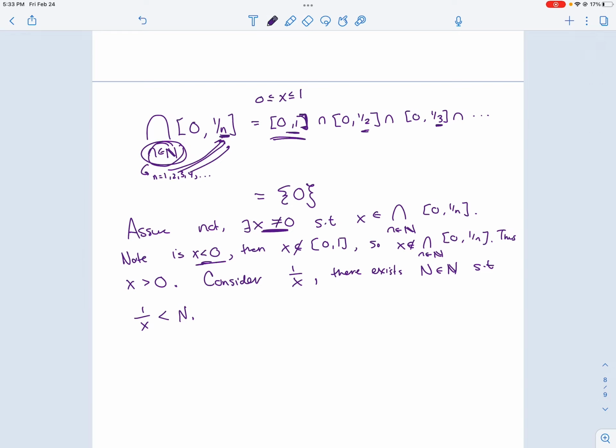But that means that x, now I know this is a non-zero positive number, so I can do all sorts of things I want to do in inequalities. So I can say that 1 is less than x times n, or 1 over n is less than x. What did I do?